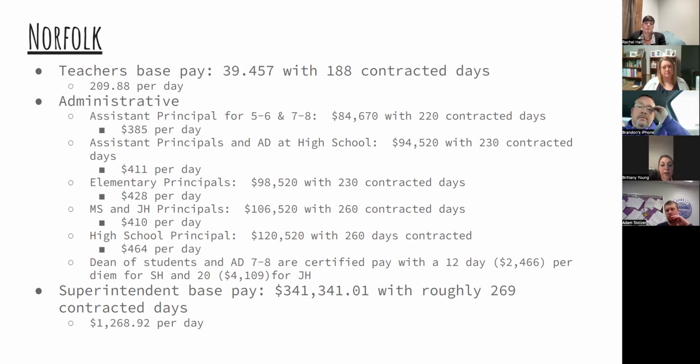And then the superintendent base pay is $341,340 or $341,341 and then 1 cent. So roughly about 269 contracted days is kind of what I figured. And so that comes out to be $1,260 per day.